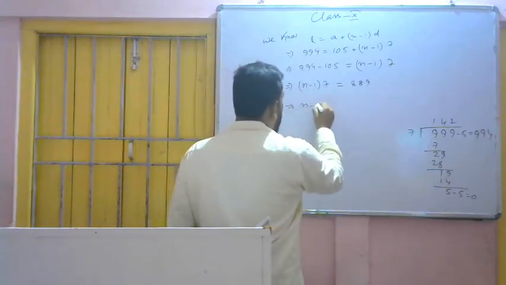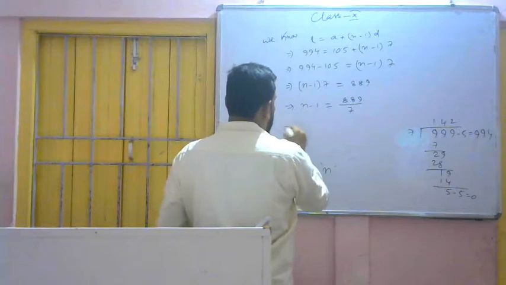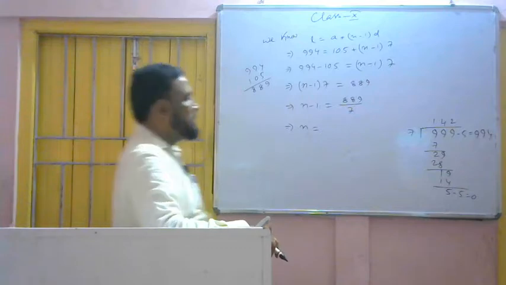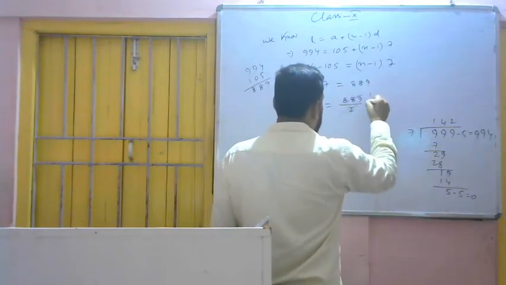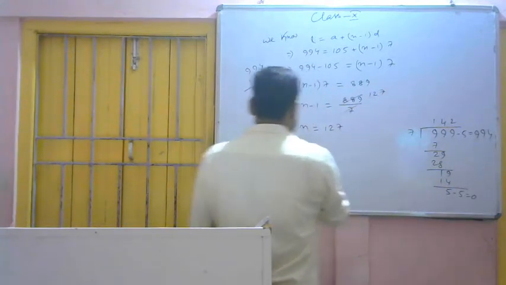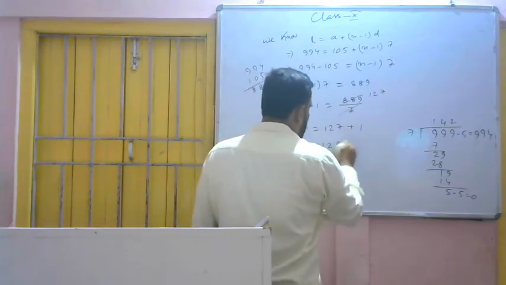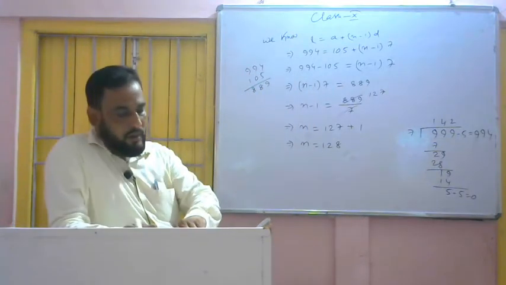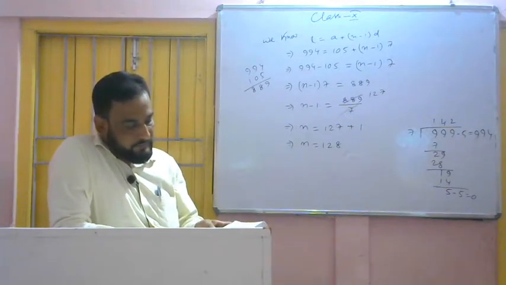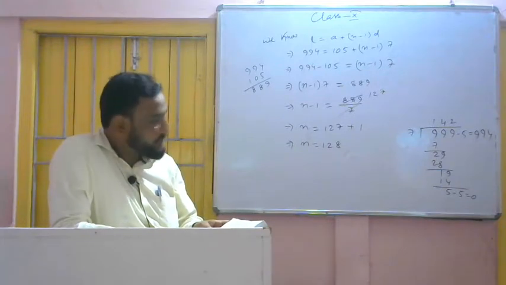Now this implies n minus 1 is equal to... reduce it, plus 1. This n will come here. So here I got the value of n as 128.